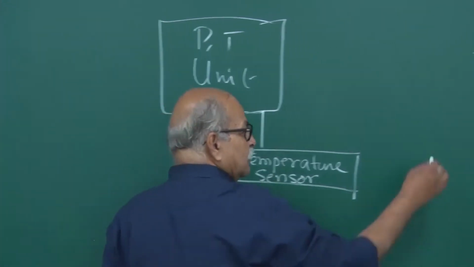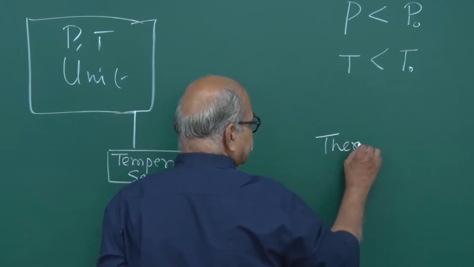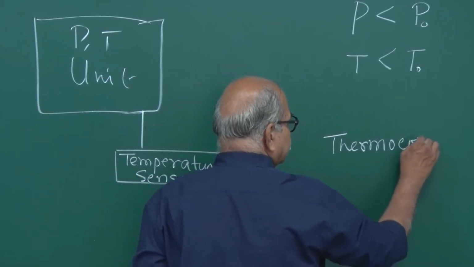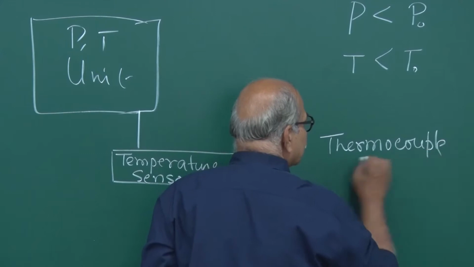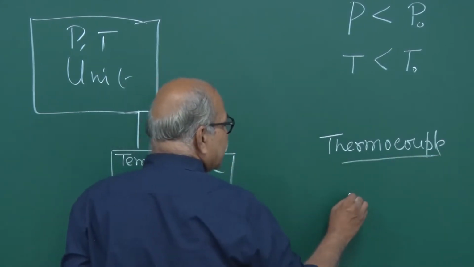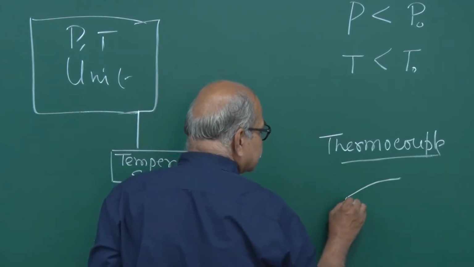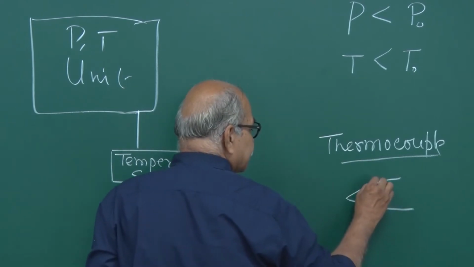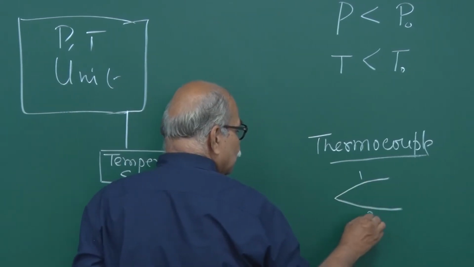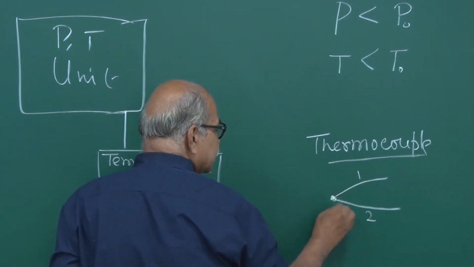Okay. In a thermocouple, you have two wires of different materials, 1 and 2, and then you have a junction here.